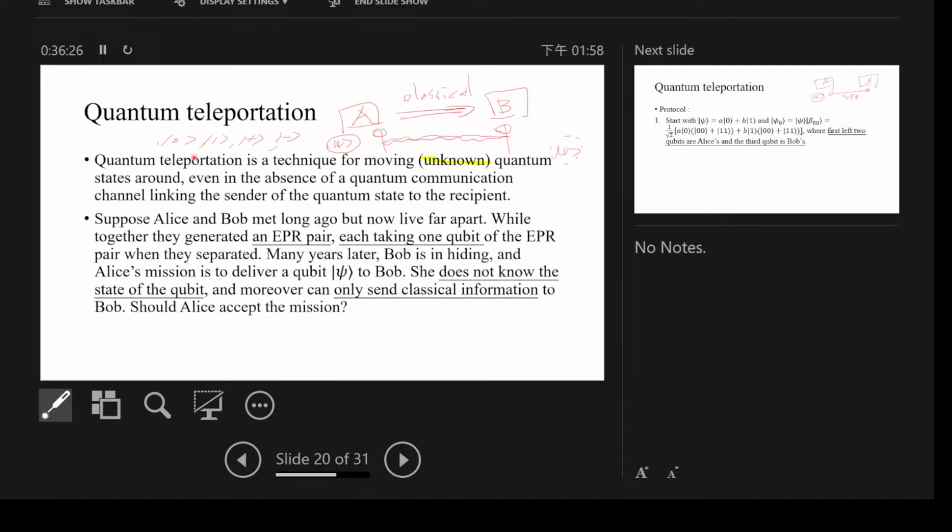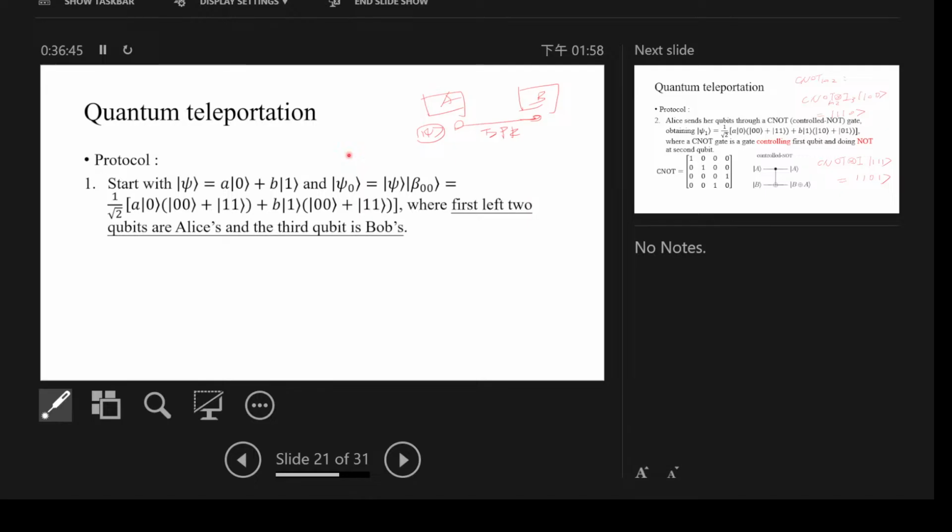I didn't say, but this unknown state is also one qubit. It's important that they share an EPR pair, so that's two qubits, and the unknown state to be sent is also one qubit. Alice starts with some unknown state, and to be fully general, we say it's some a|0> plus b|1>, with unknown coefficients a and b.